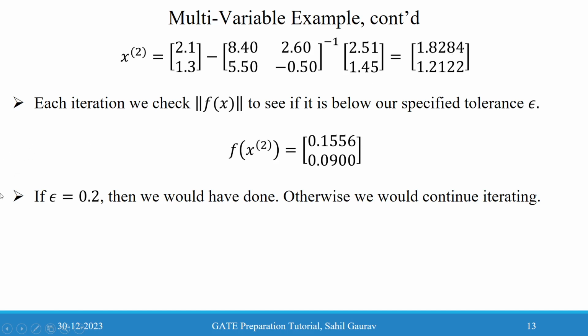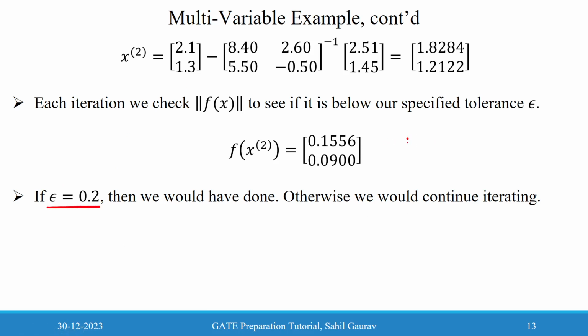After the iteration, we check f(x) to see if it is below our specified tolerance. If we find f(x), it comes as 0.1556 and 0.0990. If this tolerance is 0.2, then we would be done. Otherwise, we would continue iterating. Suppose here it is given that the tolerance is 0.2.